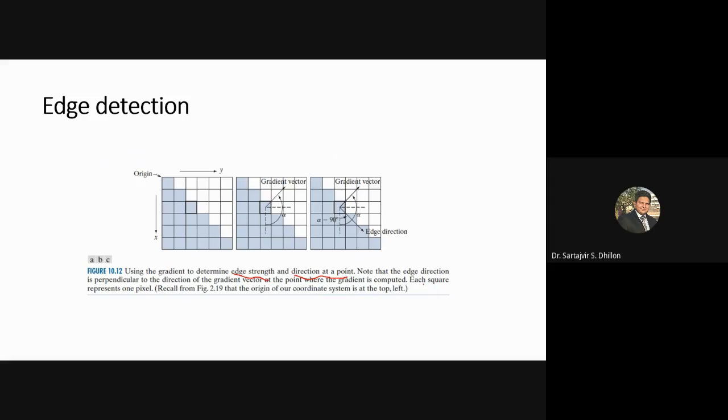It is also noted that the edge direction is perpendicular to the gradient vector at the point where the gradient is computed. So here we want to compute the gradient, and this is 90 degrees towards the edge. So this is the basic representation of how we can do the detection of the edges.